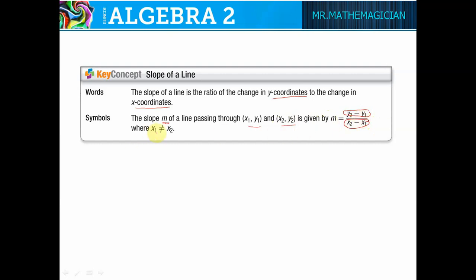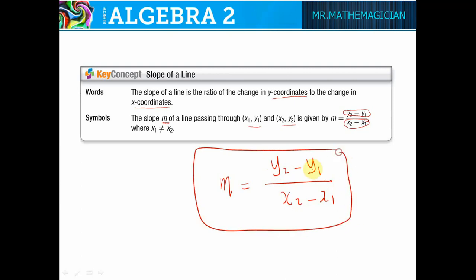Of course, where x1 is not equal to x2 to avoid getting 0 in the denominator. Keep this rule in mind very well. Again, the slope m equals y2 minus y1 over x2 minus x1. This rule will help us a lot to find the slope of any straight line, knowing 2 points.